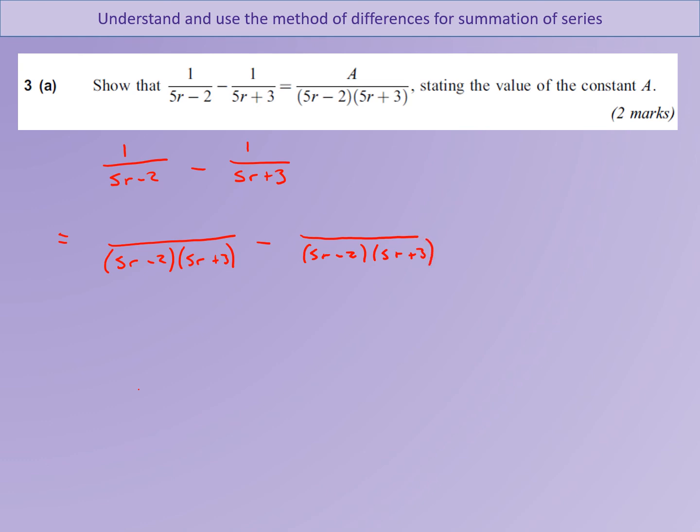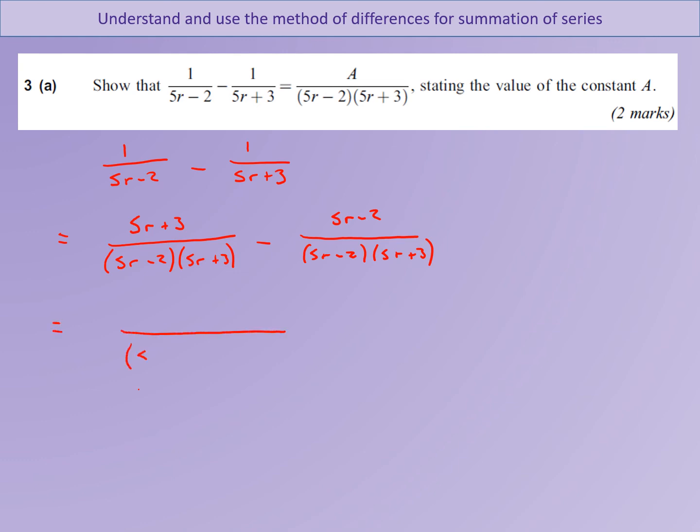So the first fraction has been multiplied on the denominator by 5r plus 3, so I'm going to multiply the top as well, 5r plus 3. The second fraction has been multiplied on the denominator by 5r minus 2, so multiply the numerator by 5r minus 2 as well.